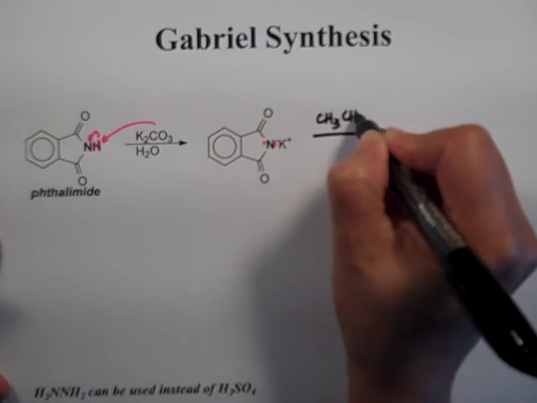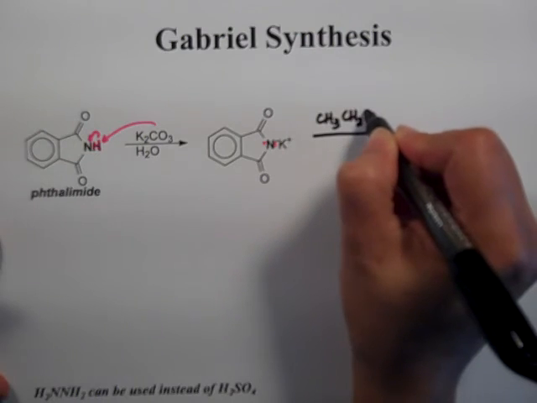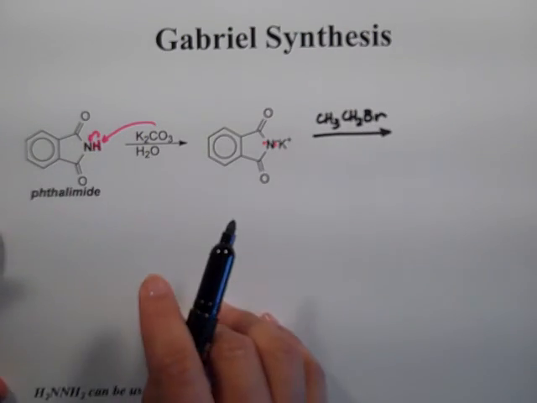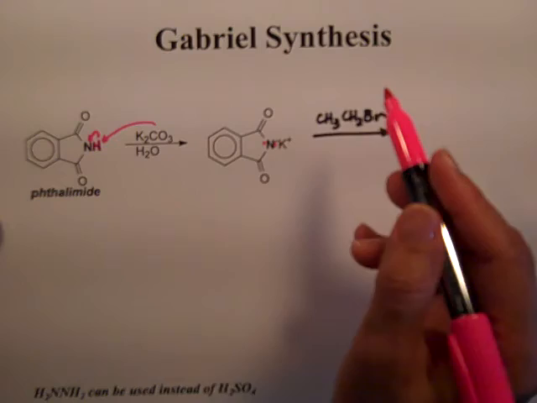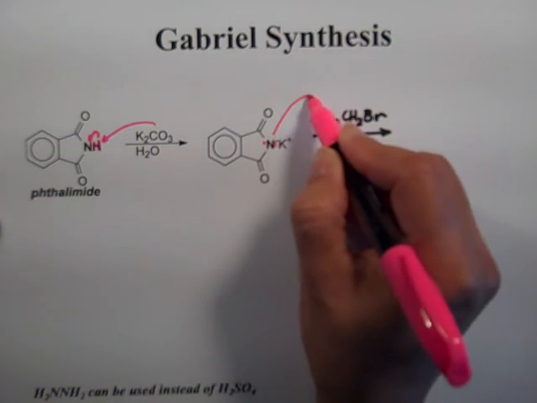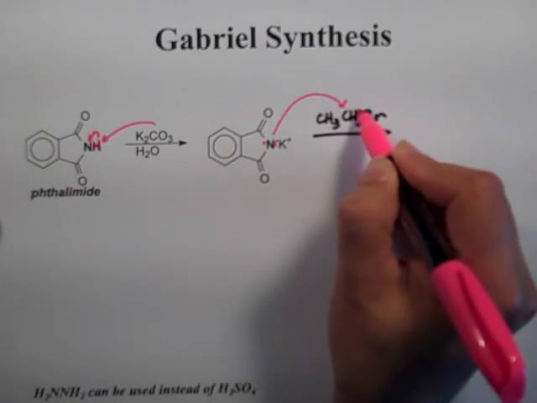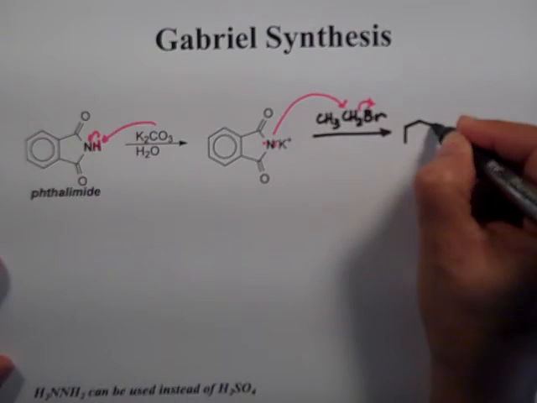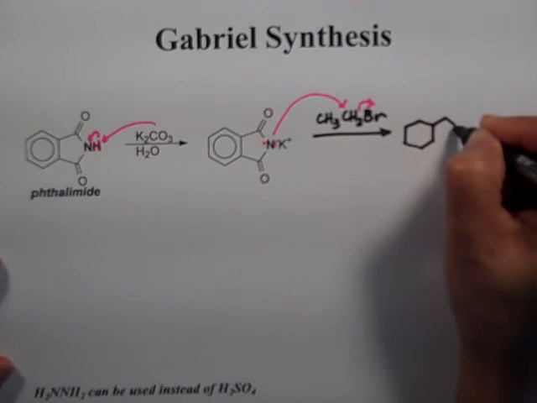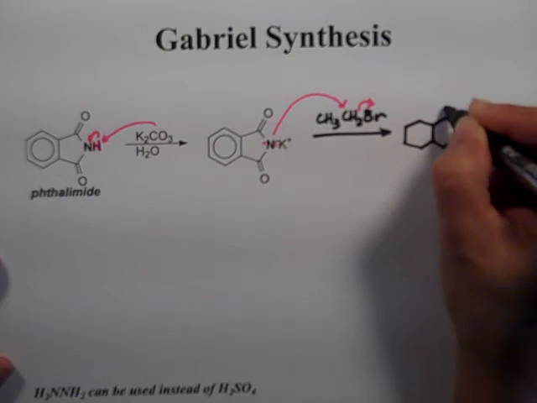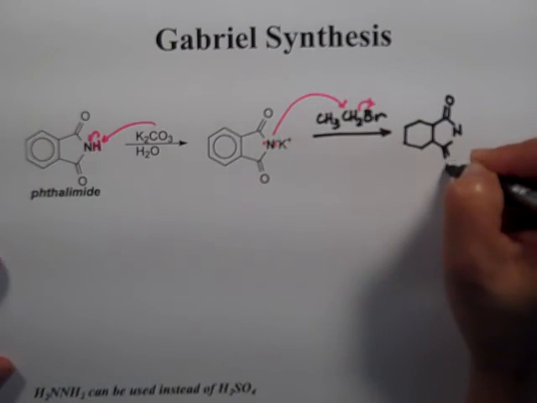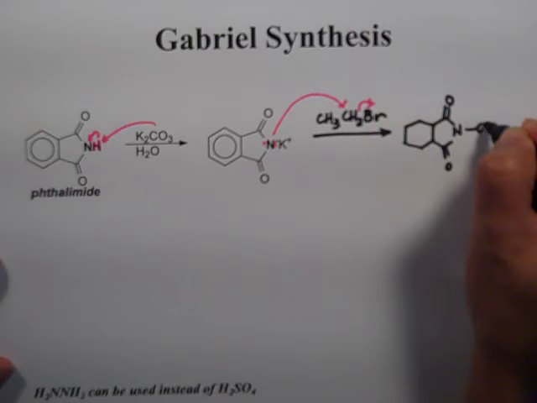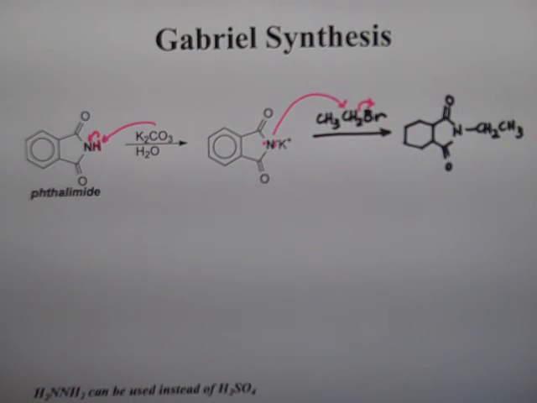Let's say I want something small like ethyl bromide. So I add ethyl bromide, the nitrogen is going to do an SN2 reaction, it's going to attack my carbon and displace the halide. And as long as you follow your SN2 rules, this is going to be a good alkylation. So we just attached an ethyl group to our nitrogen.